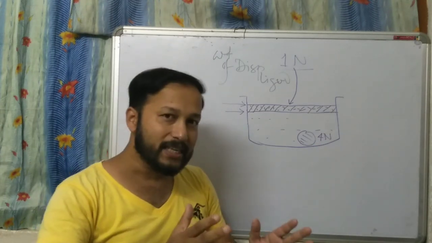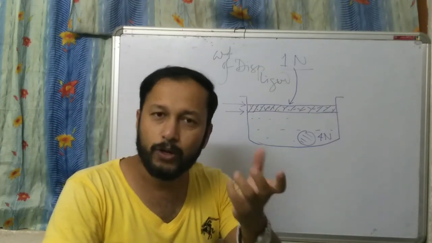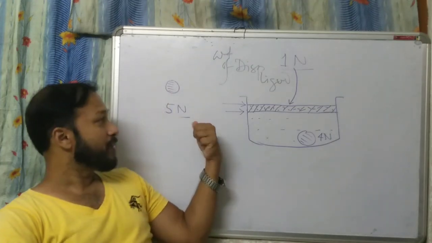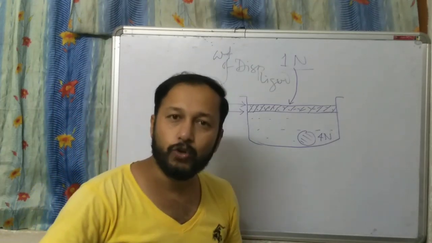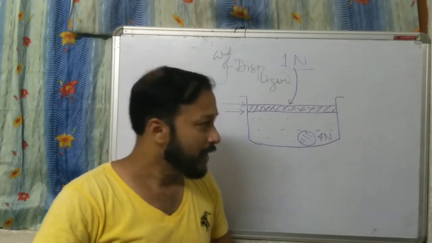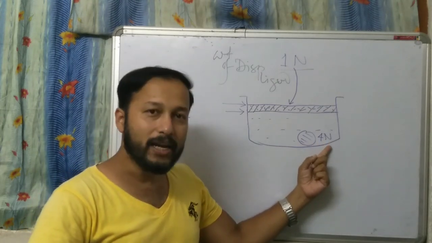When you are measuring the weight of an object, say you are taking a stone and you measure its weight in air, say it is 5 Newton. But when you measure the weight of the same stone inside a liquid, you get 4 Newton. Why?